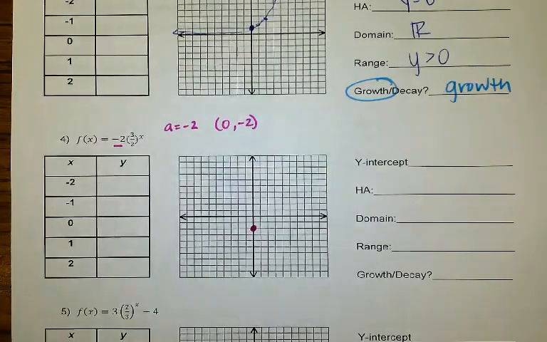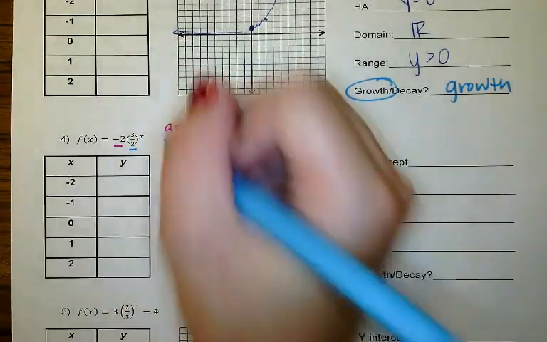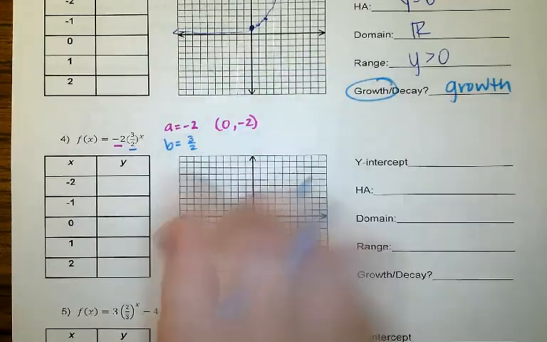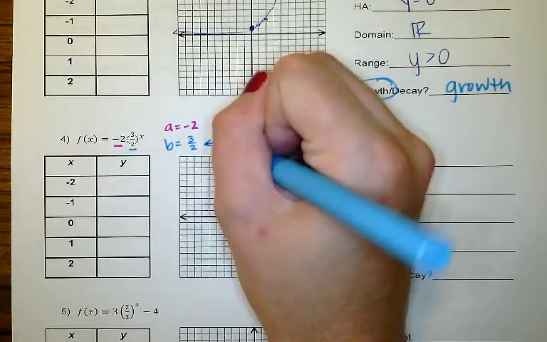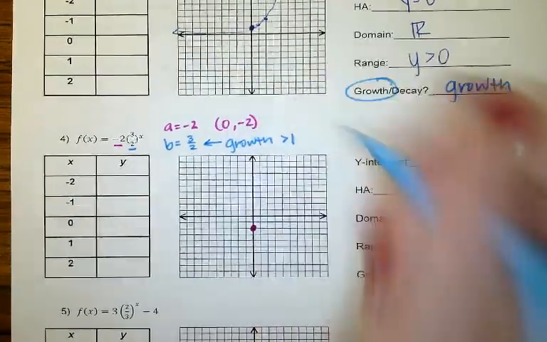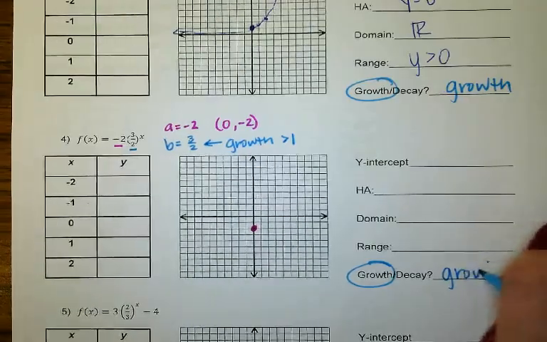What is my B value? 3/2. Okay. Is that growth or is that decay? That is going to be growth because our number is greater than 1. So we know that this is growth, and we know that our y-intercept is (0, -2).